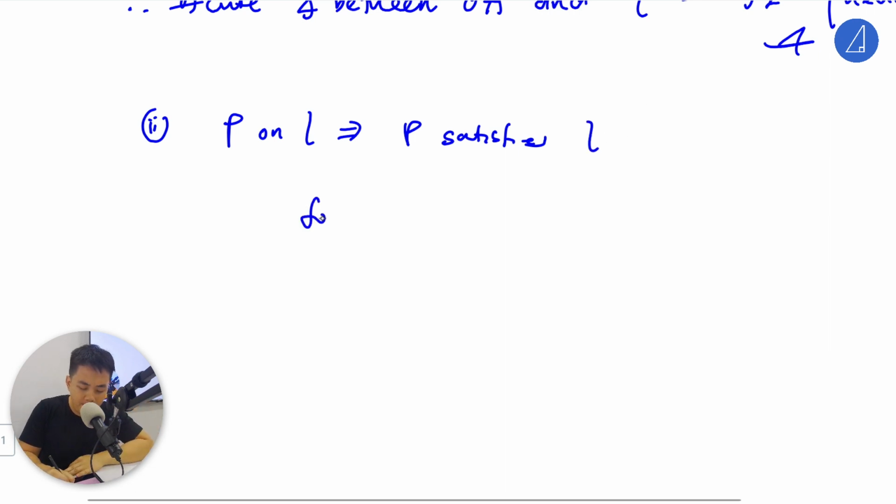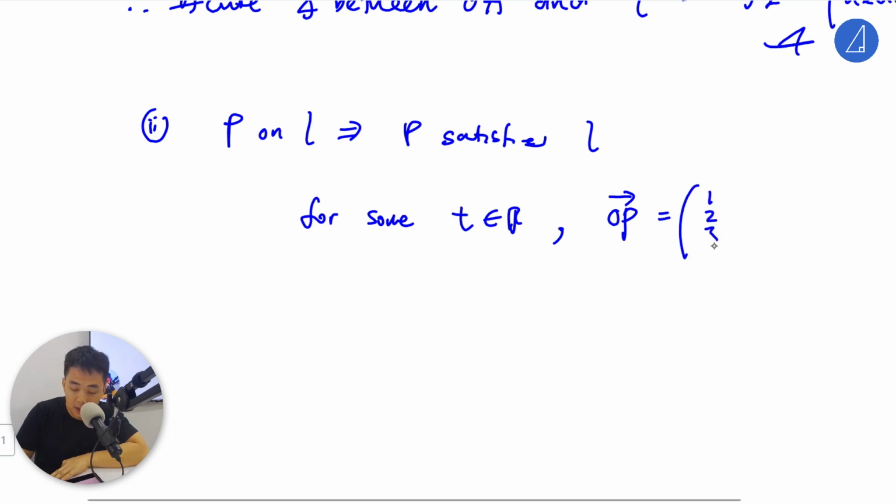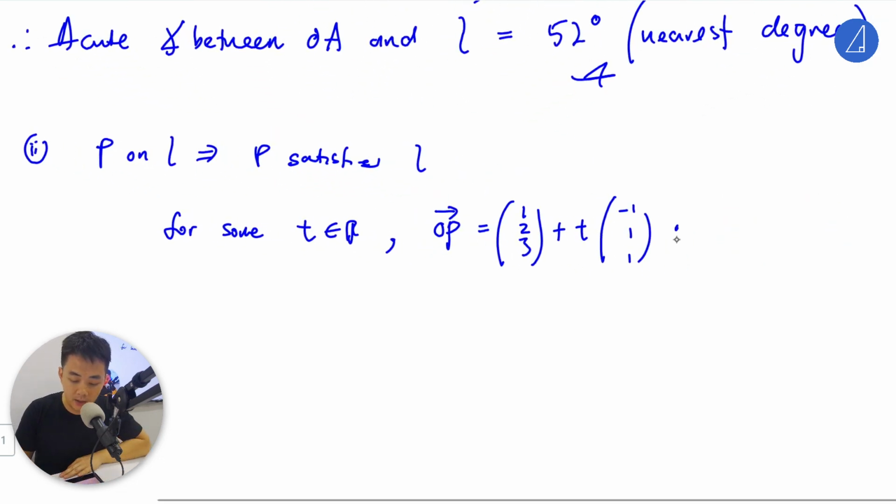So for some real value, you just write OP. Now you have OP as a line equation. It's very convenient because you can use this to solve things. This is where T is here, and OP is this value here.